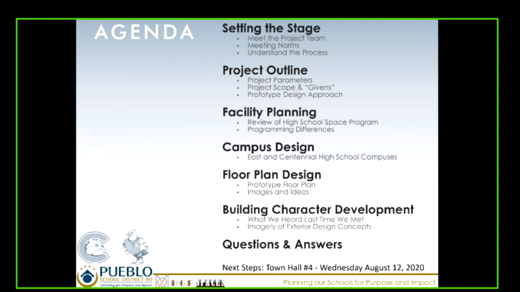Eric Vogel will be taking us through that. And then building character development: Chaz is going to show you some ideas tonight on what we heard from our polling at the last meeting, and then maybe some imagery of exterior design as we are heading into schematic design. And then finally, we will end with a question and answer session for everyone.